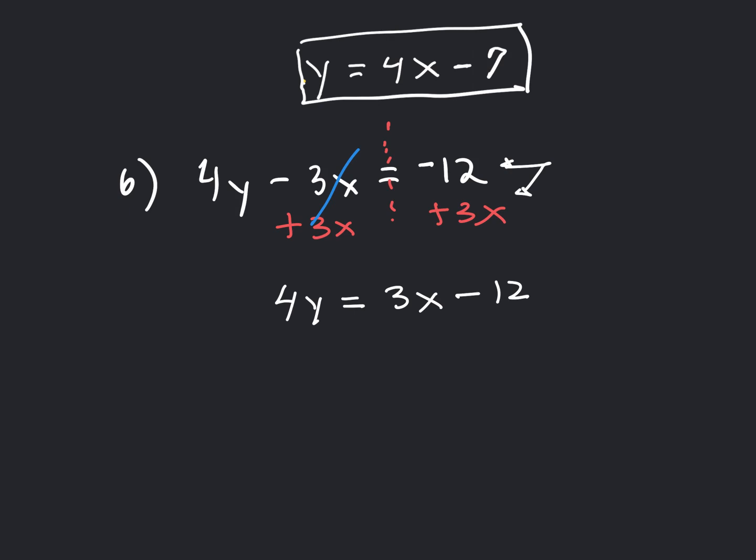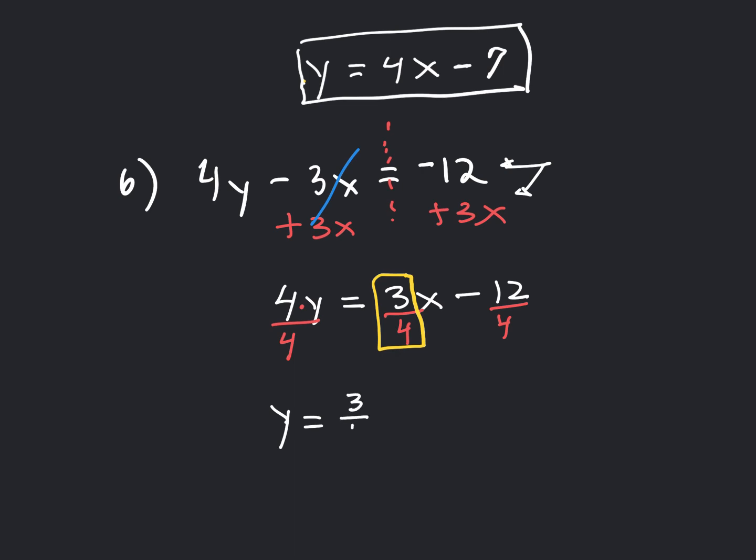Since I'm multiplying by 4, I'm going to divide out the 4. And if you're multiplying or dividing, you must divide every term. That gives me y equals. And 3 divided by 4 is not dividable, so it's just the fraction, 3/4.